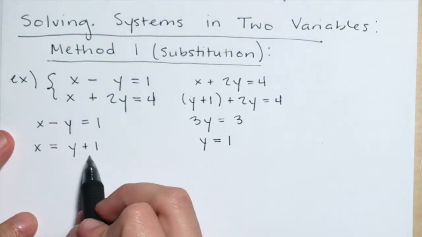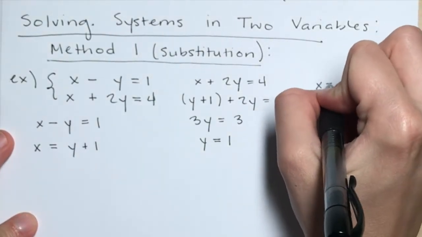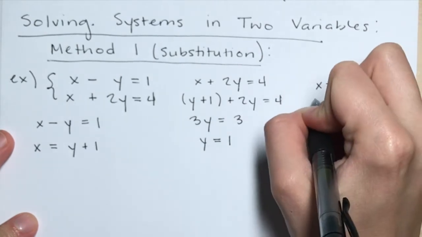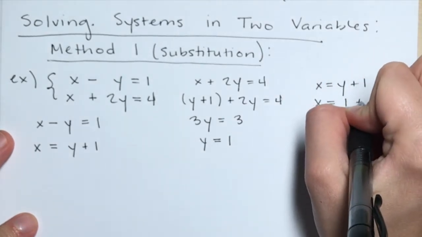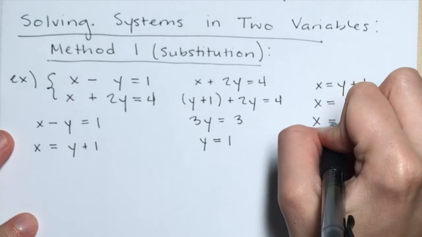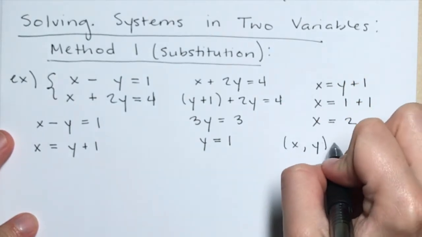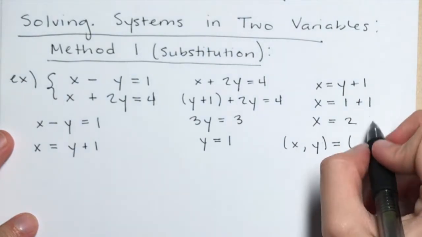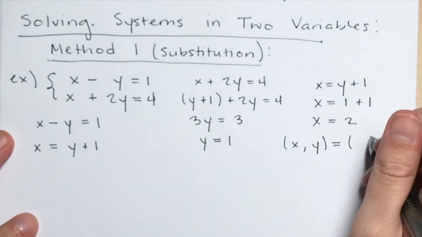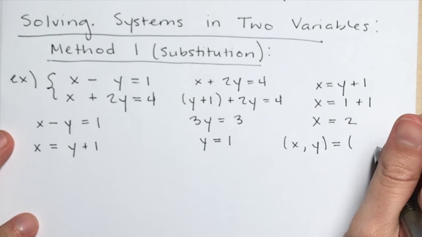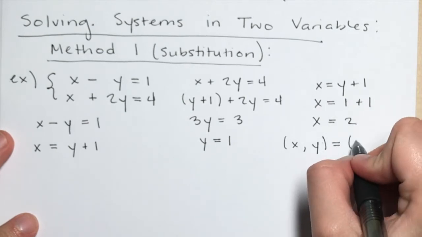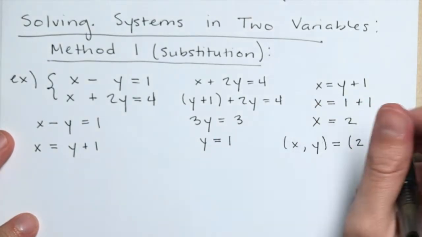We know that x equals y plus 1. So x equals 1 plus 1, or x equals 2. And to put this solution in the way that WebAssign will recognize, we can just write it as (x, y) equals (2, 1).